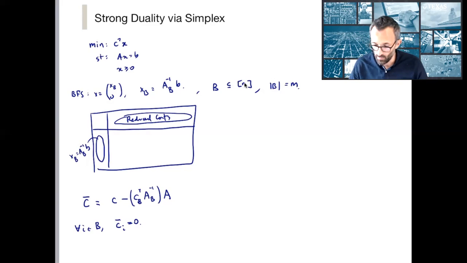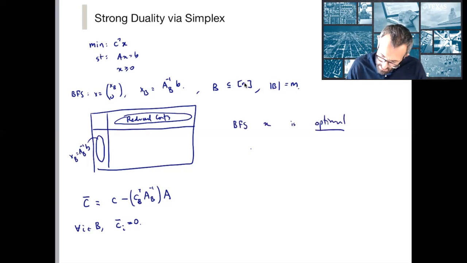Therefore, as we already saw, a particular BFS X is optimal if and only if C bar is greater than or equal to 0.